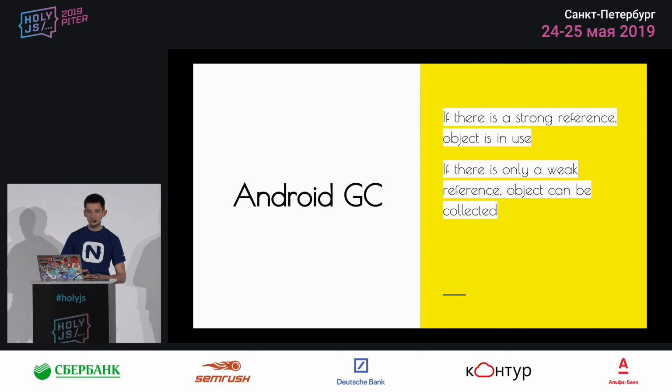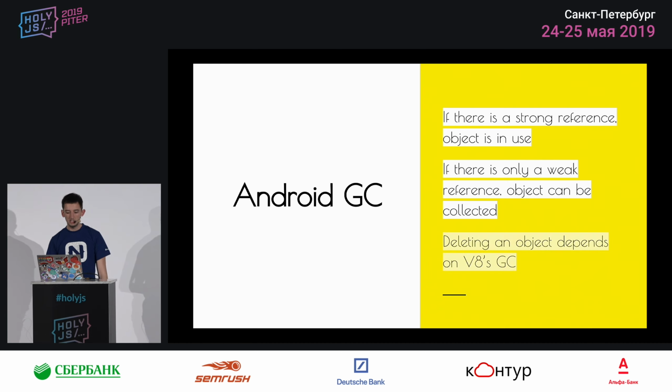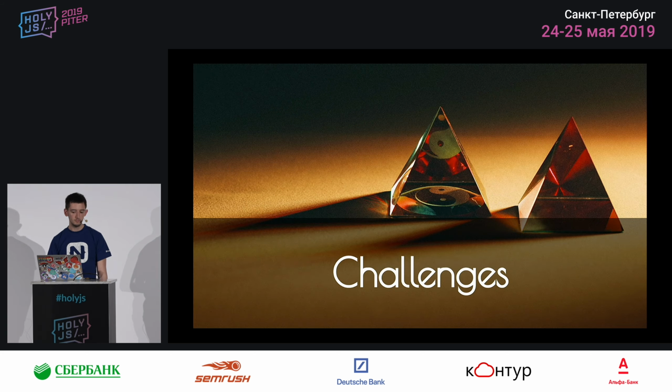And the difference between those reference types is that when the Android's garbage collector sees a weak reference, it may collect the object. No one is stopping it. So you can see that deleting an object created from JavaScript is quite dependent on V8 and Android's garbage collector. And this is probably one of the main challenges of the NativeScript runtime.